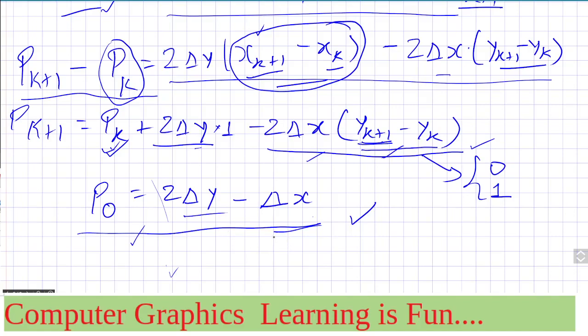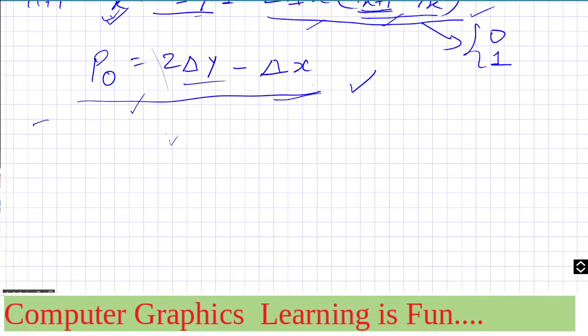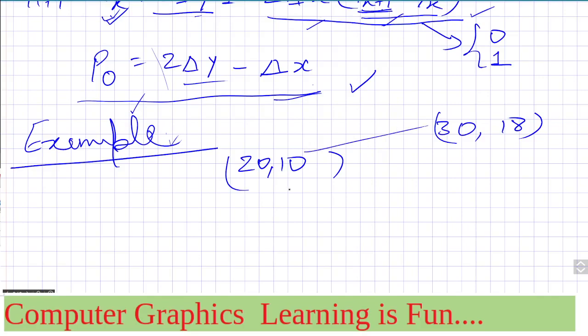I believe I should give an example as well. Let us take the example from the book of Hearn and Baker, where there are two endpoints, starting from 20, 10 to 30, 18. For this line we have to find the in-between points.